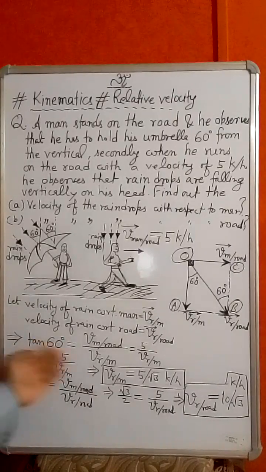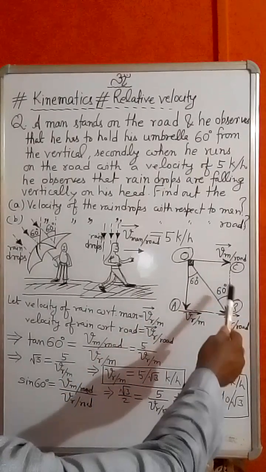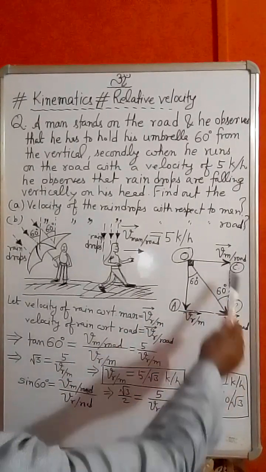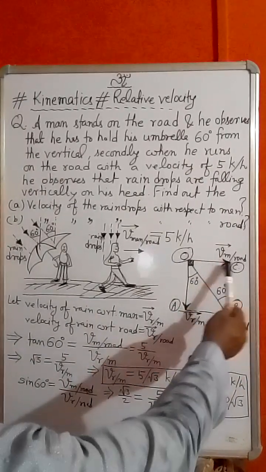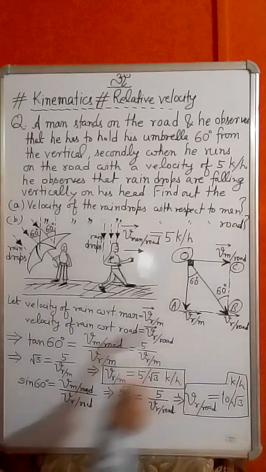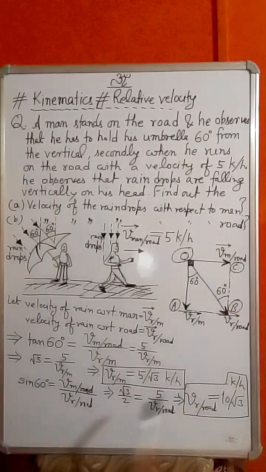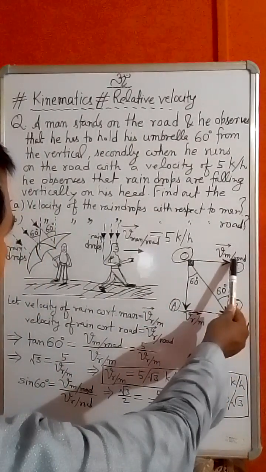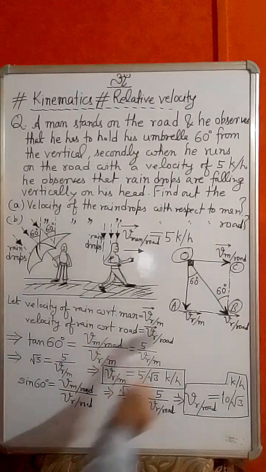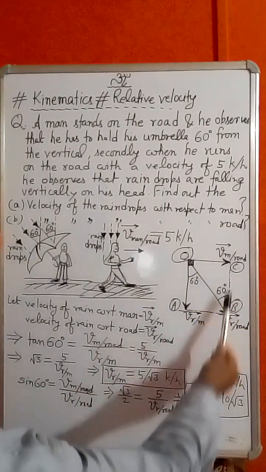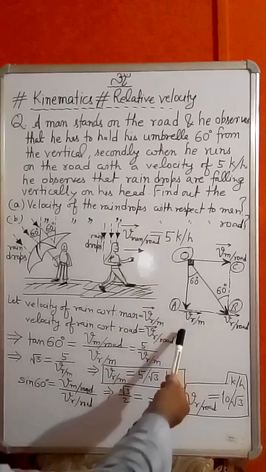Now let's apply tan 60 from this part. Tan 60 will be OC upon CB, right? If this is your angle theta, this is the perpendicular and this is the base. So applying the formula, tan 60 is equal to perpendicular upon base. What is this perpendicular? This is V_M/road, the velocity of man with respect to road, divided by this, which is parallel to this, so it is nothing but the velocity of rain with respect to man.